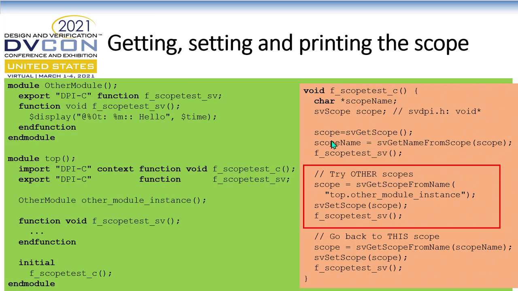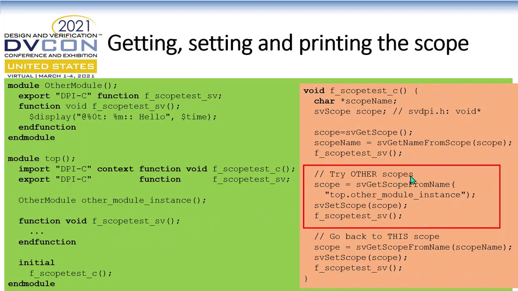So we're going to get the current scope, and then we can ask what its name is. We get the name. And then we make a function call. Now that function call is to the scope we're in right now, which we haven't changed. So it's our scope we came from. So that's going to come back to this function.